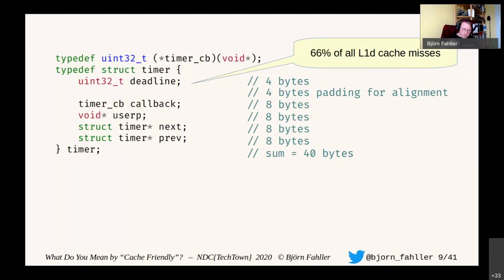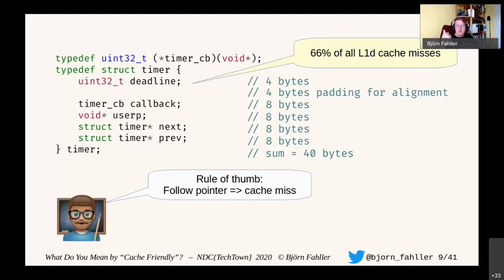Well, the thing is, we get to this timer by following a pointer. And if we assume that this entry is not in hot cache, then we must wait for this timer entry to be read from RAM into the cache so that we can look at the deadline and see if we want to go on.